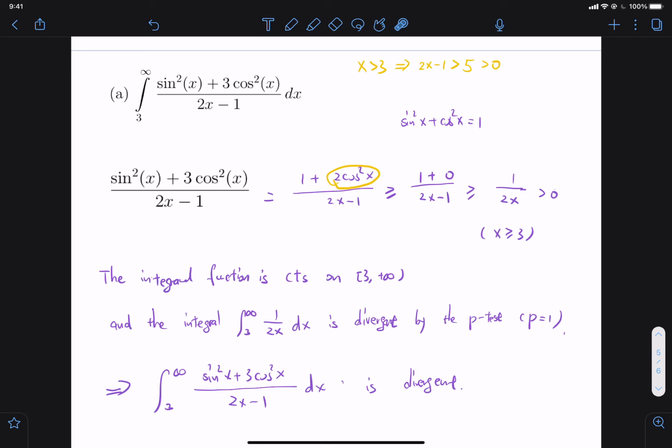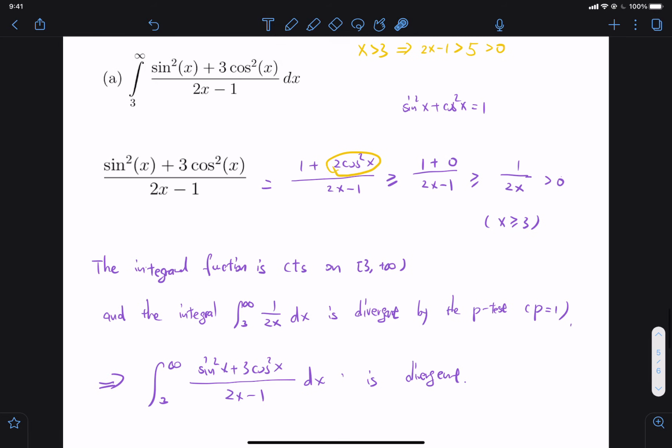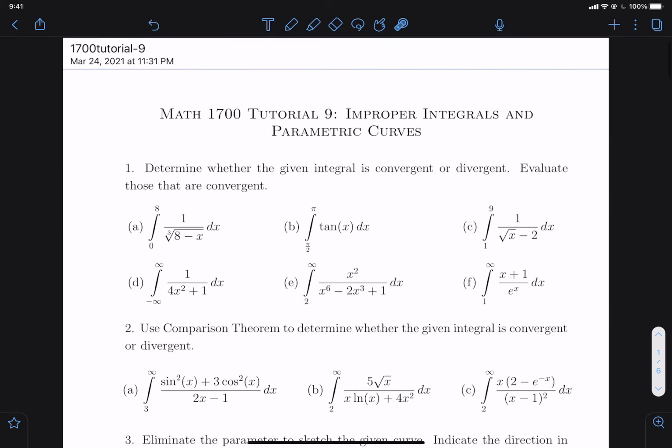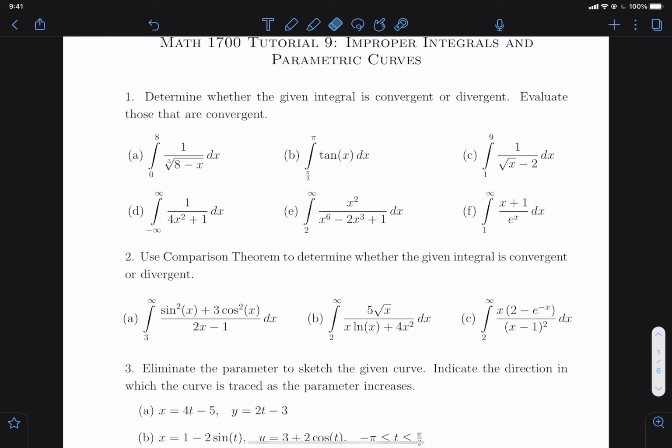And the technical stuff here is how do we change this expression to something that we are familiar with, right? And that takes experience, just like the substitution part, right? What the substitution should be, what the u should be, and that depends on the situation. So that is our question A, divergent. And now let's move on to question B. That is this guy here.